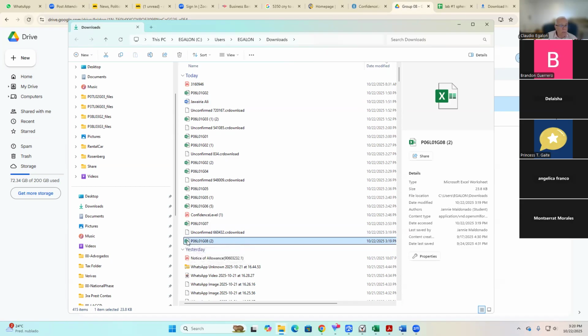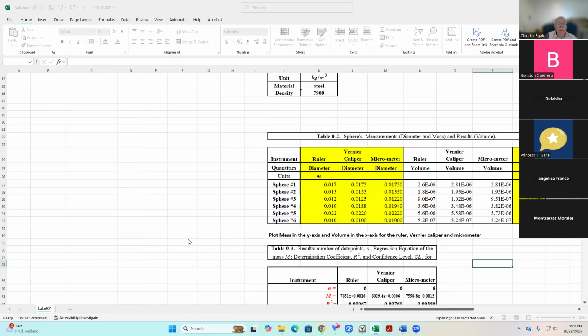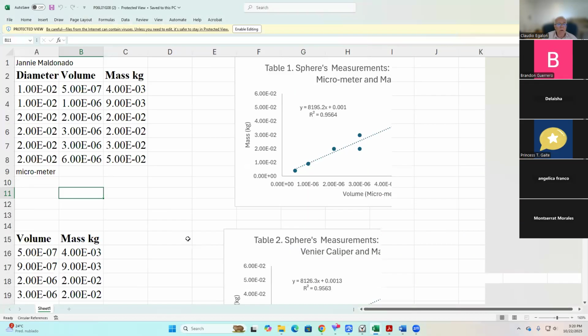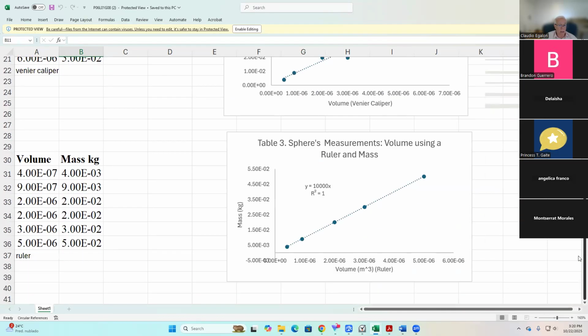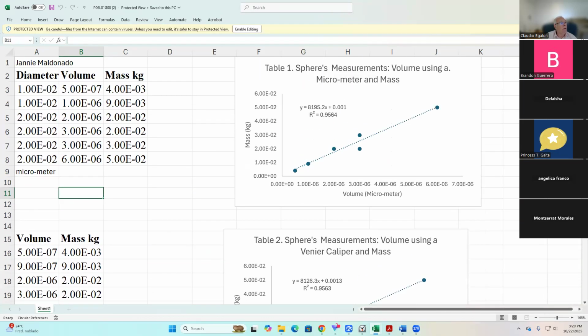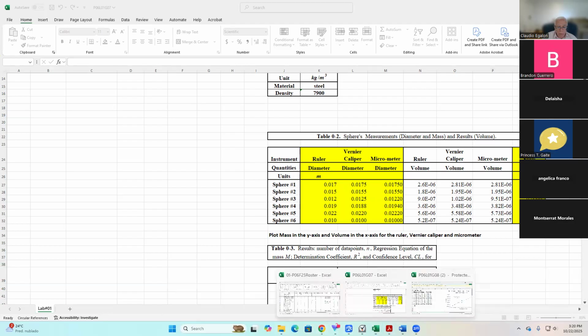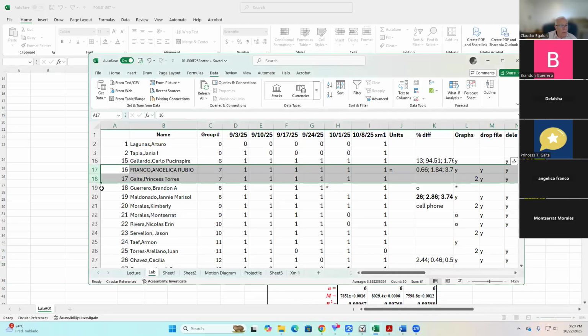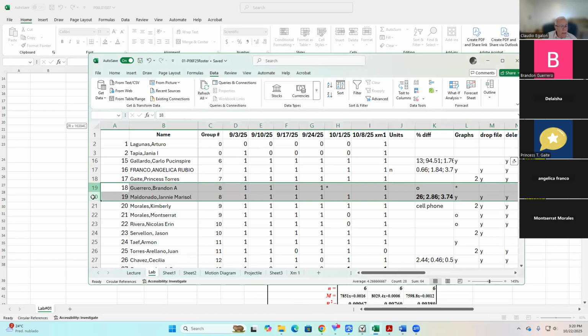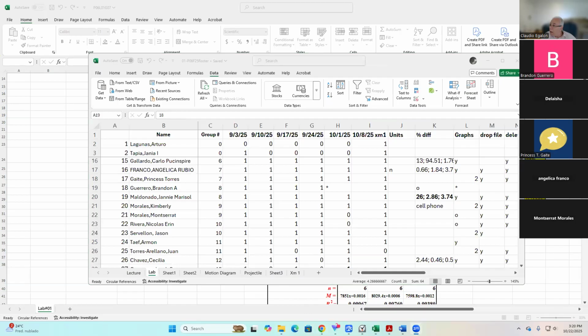Don't worry about this number 2 here, I know why that is, but just label it the way that I did. Group number 8, Brandon, Janie. Let's see if they are here. You have to use that format, okay?